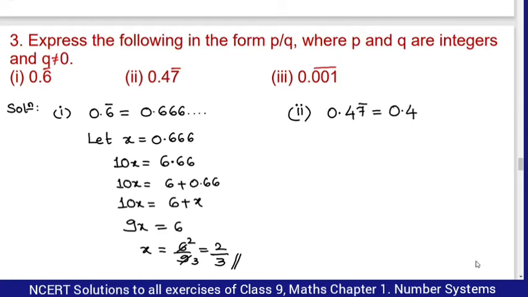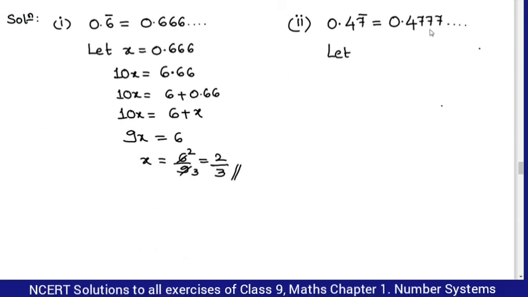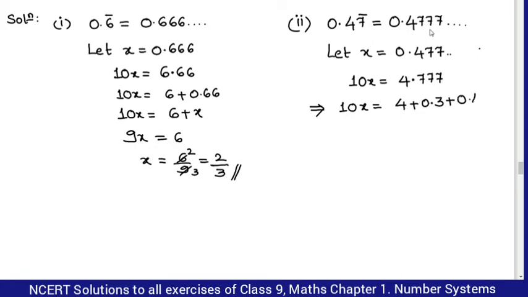Now the second one, 0.47 bar, which is equal to 0.47777. Let x be equal to 0.477. Then 10x is equal to 4.777, or we can write 10x is equal to 4 plus 0.3 plus 0.477.